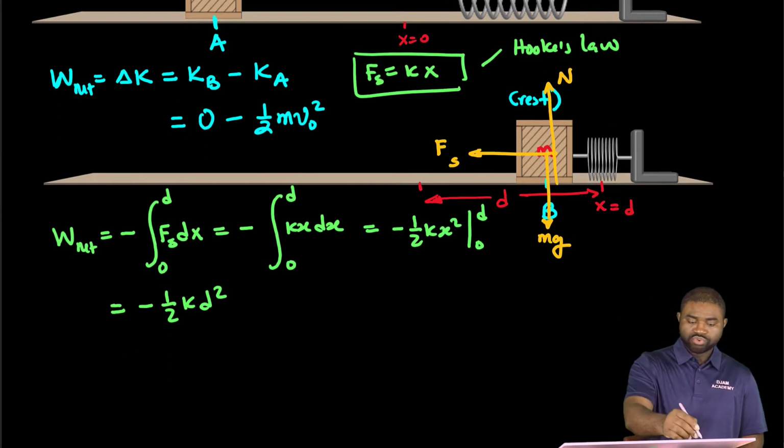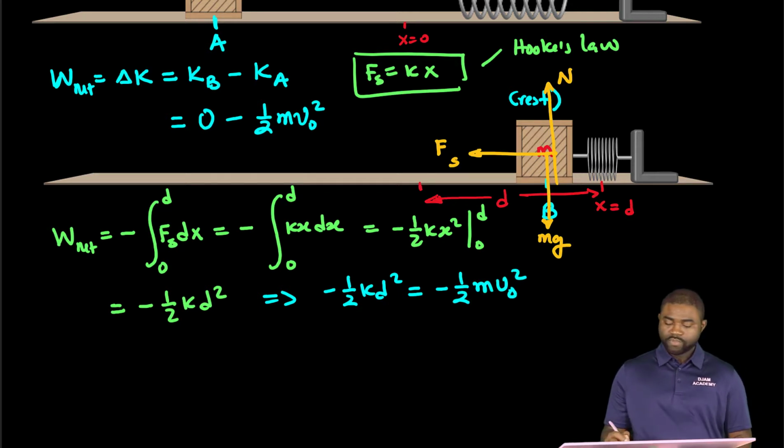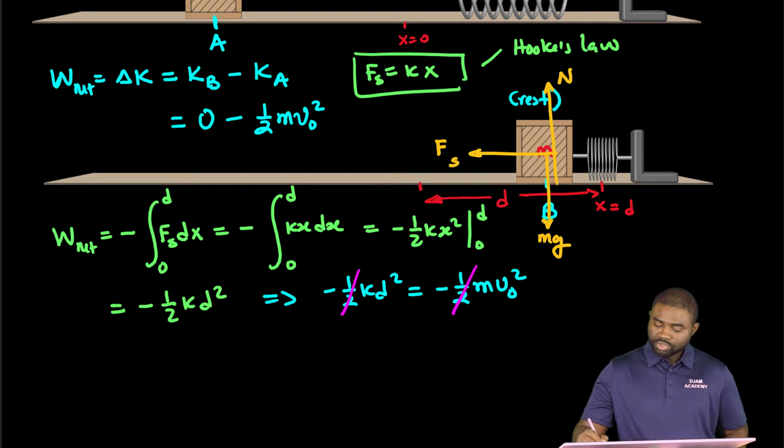And if this is true, this implies that negative 1/2 k d squared will be equal to negative 1/2 m v0 squared. The 1/2 will take care of each other, which would mean that d squared will be equal to m over k multiplied by v naught squared.